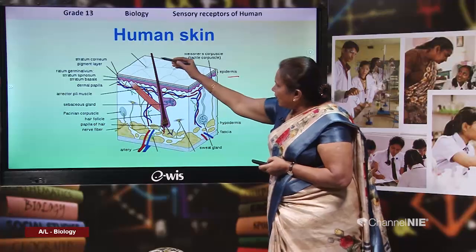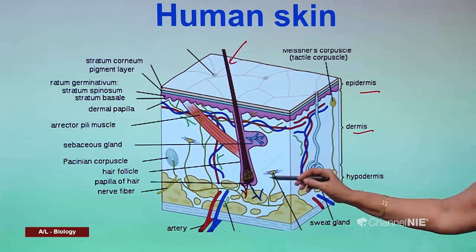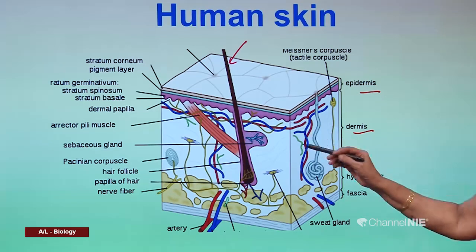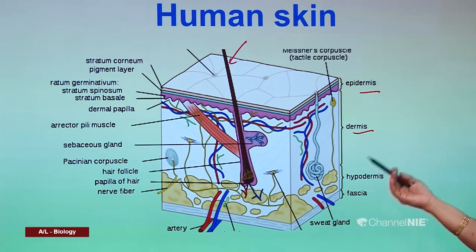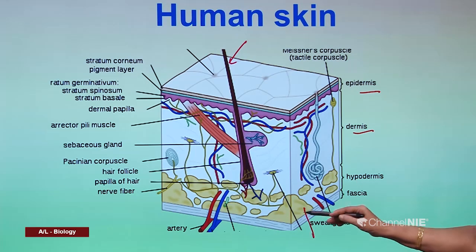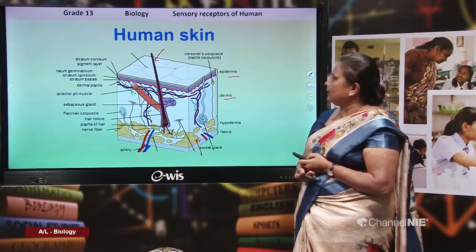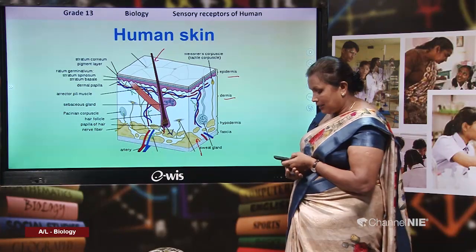Here you can see the hairs, which come through the skin and originate in this region. I'll explain these little by little. You can see a good blood supply, and nerves are there, right? In the lower region, there's another tissue we can find in the human skin, which is also a very good sensory receptor.